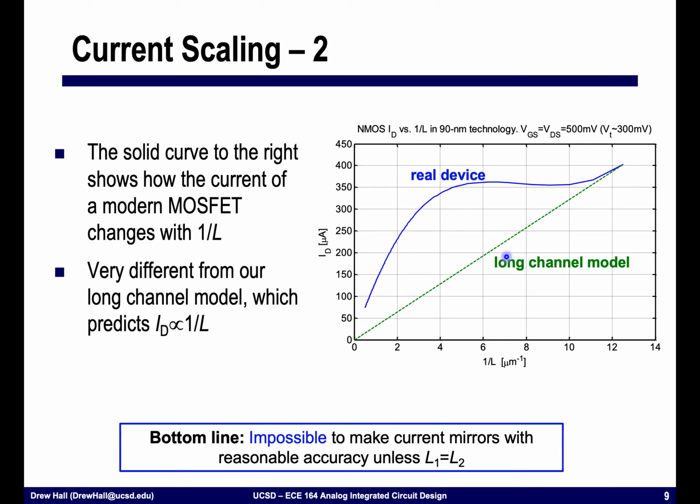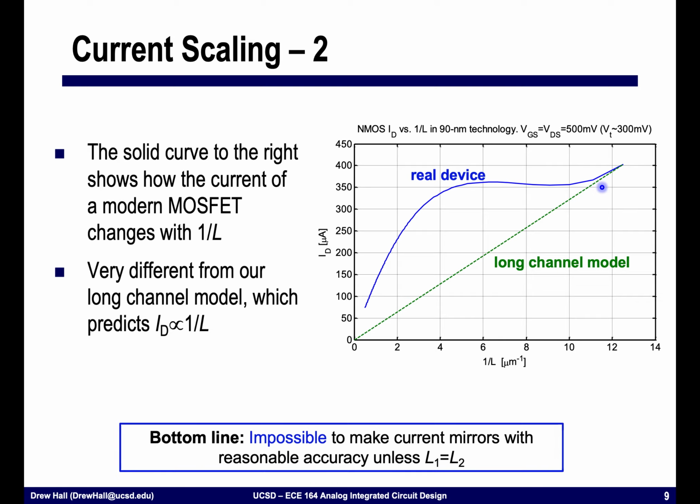It turns out that when we have been looking at our square law model of devices, i.e. our long channel model, if I was to plot 1 over length on the x-axis, and then the drain current on the y-axis, you would see a straight line, and that is simply that as you change the length, you would predict a linear change in the output current.